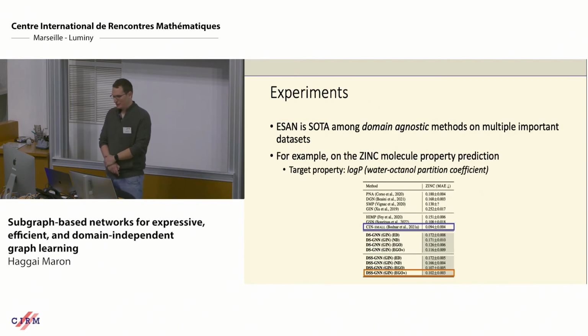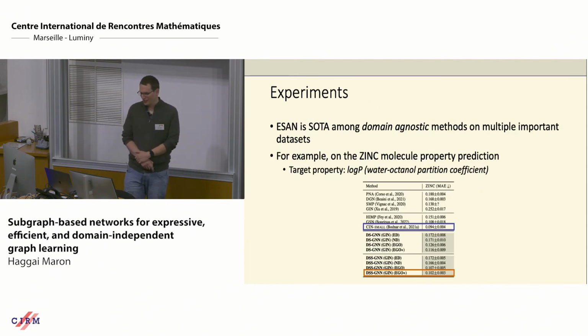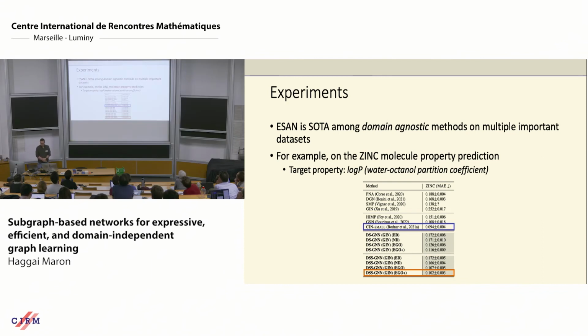From the experimental point of view, I will show results on a data set called Zinc. This is a molecular property prediction data set in which you take a graph as input. The graph represents a molecule. We are interested in drug-like molecules in that case. And the output is some property of this molecule.